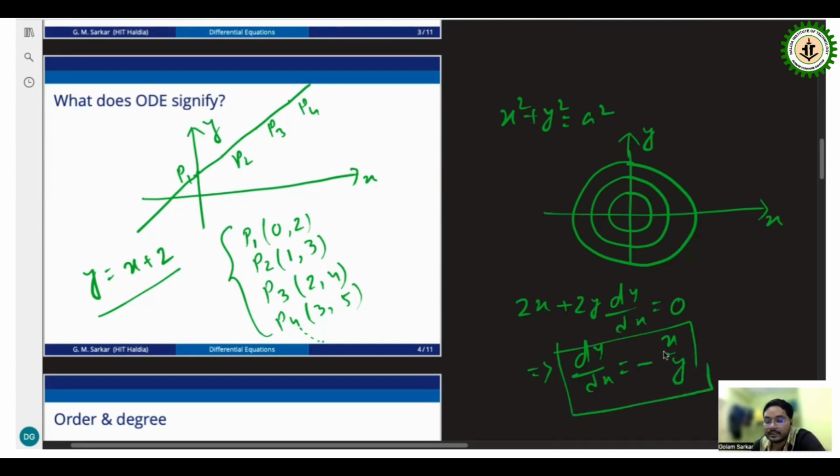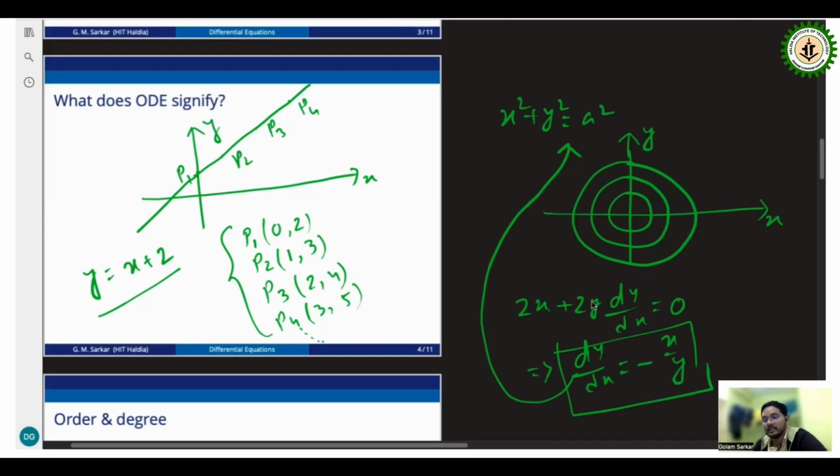That represents what? That the slope of the family of circles is nothing but minus x by y, or the solution of the differential equation dy by dx equals this is nothing but the family of circles.